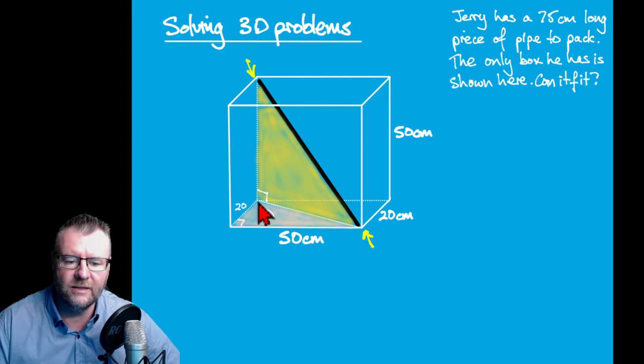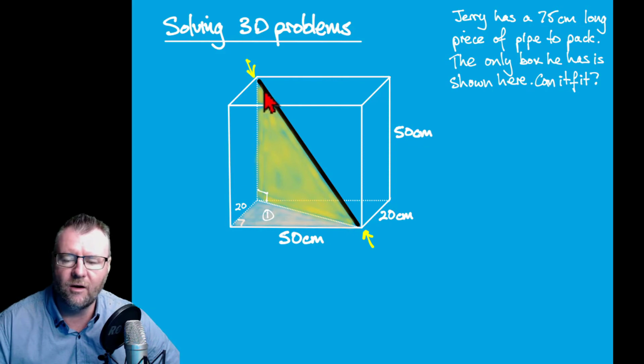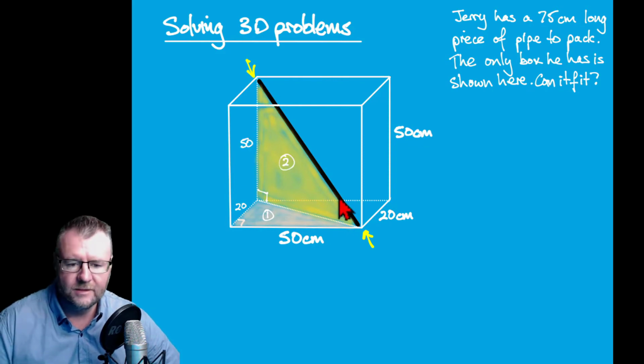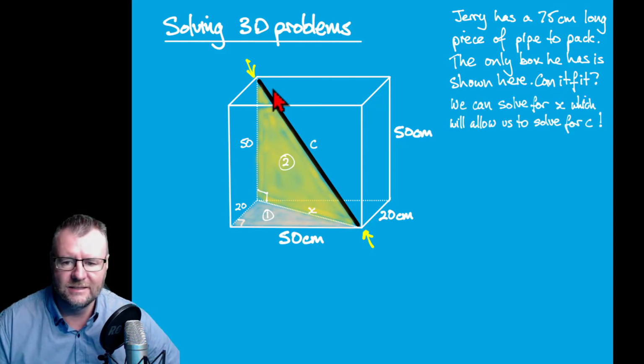By finding that length, the hypotenuse of the bottom, the flat one, becomes the base of the vertical one. Right? And I've also got some dimensions here. I know this is 50. If I know this, then I've got enough to work out the hypotenuse of the vertical triangle. So it's x that we're wanting to know.